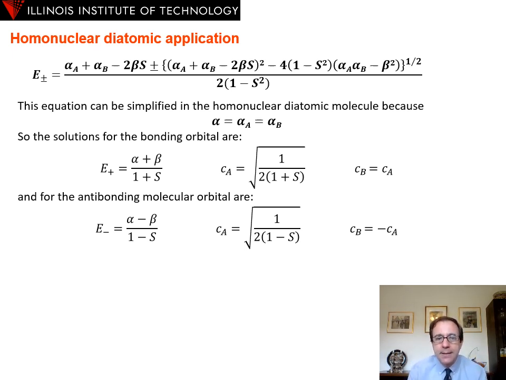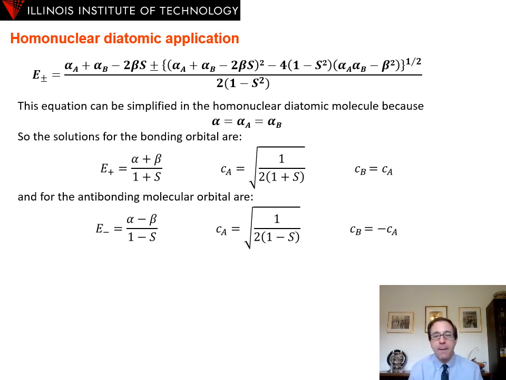So that positive overlap, the E plus term, the energy of the bonding orbital, is lower than the energy of the anti-bonding orbital, because in that anti-bonding orbital, we're taking alpha minus beta. Beta is a negative number, so we're taking alpha and adding to it. So we're going up from alpha.